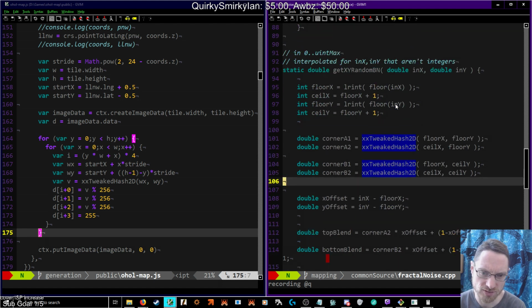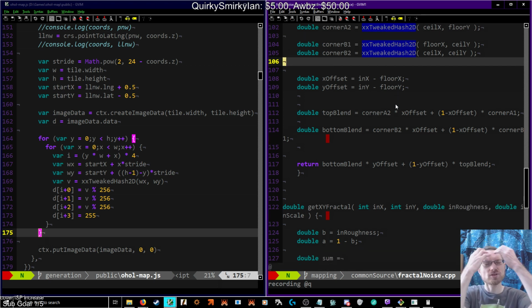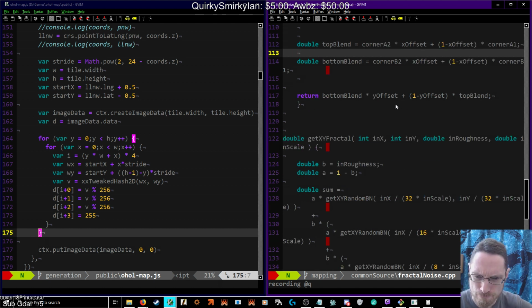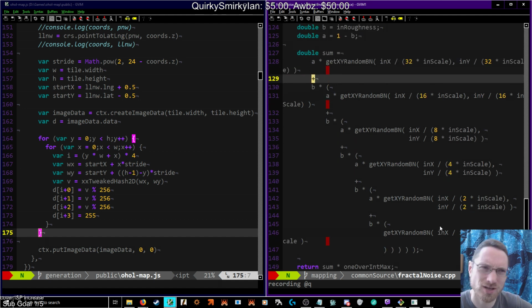I guess it's cool that it can kind of go down infinitely like that. But if we're only asking for map locations, well, I guess it's this because we're doing different scales.